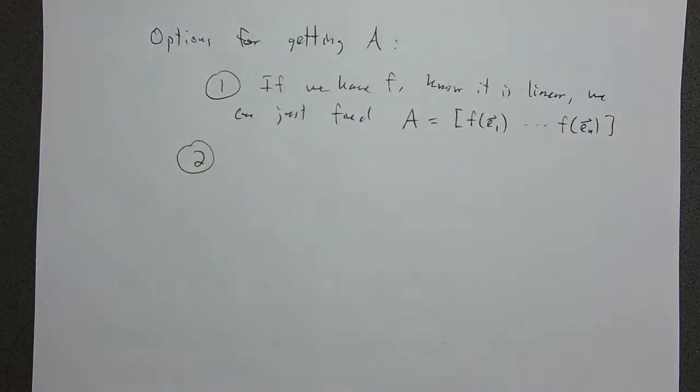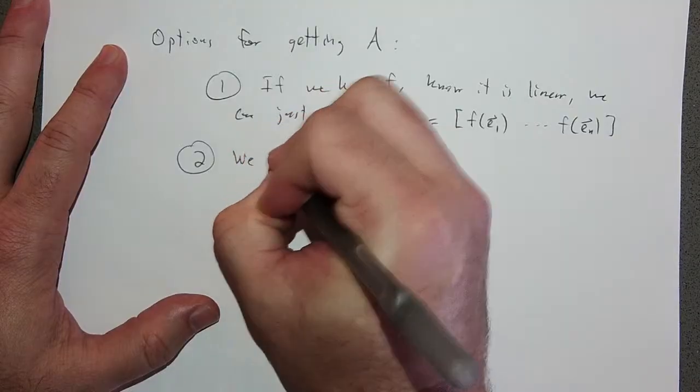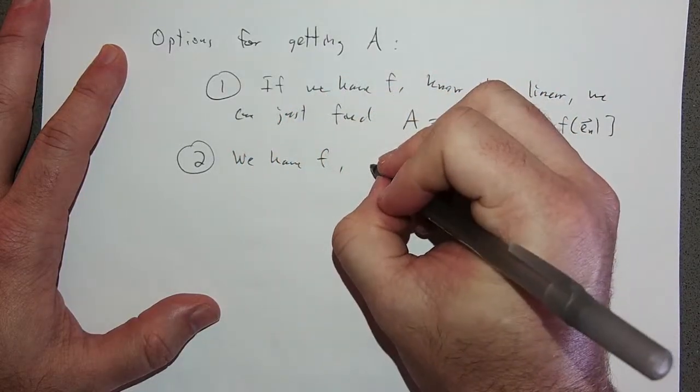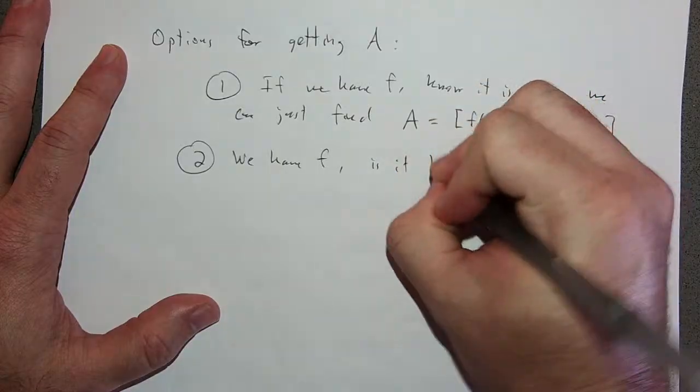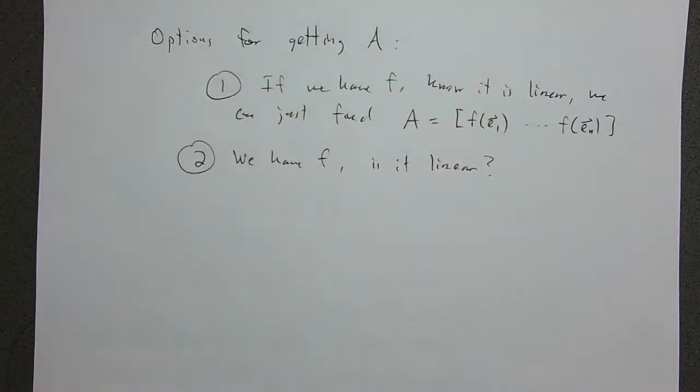Now, say we have a function and we don't know if it's linear. We could still find all of these. So say we have f. The question: is it linear? You might say, what do you mean by you have f? Maybe you have a description in words of what f does.